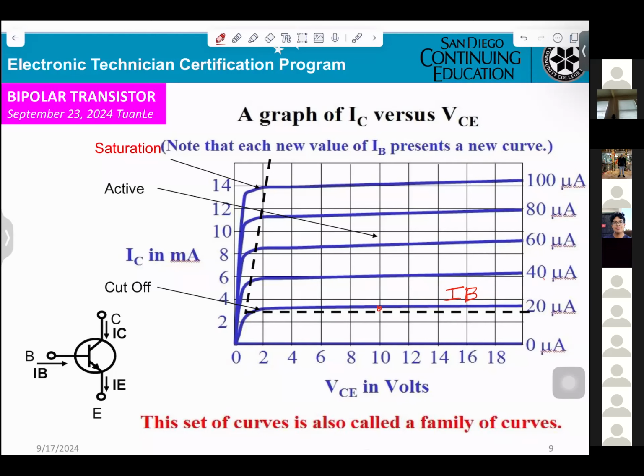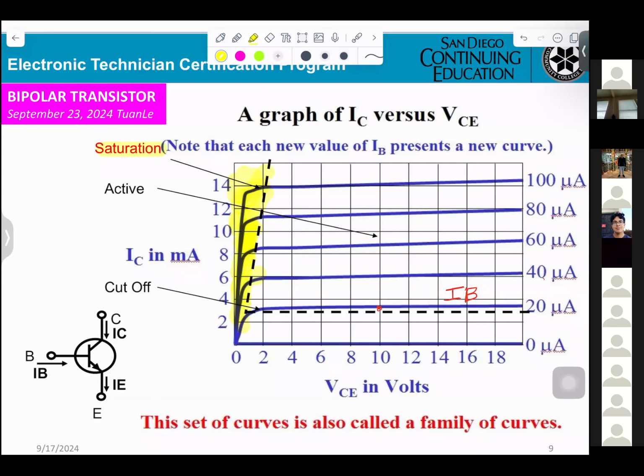Okay, if you're looking in here, you know that's the saturation region. Anything in here tells you the transistor is saturated.